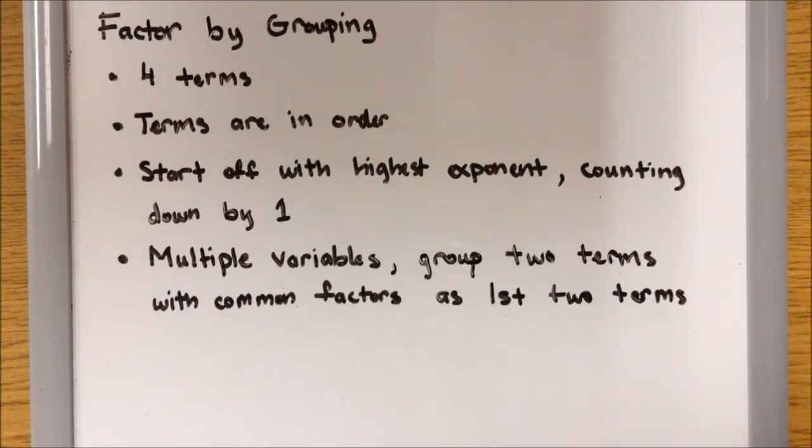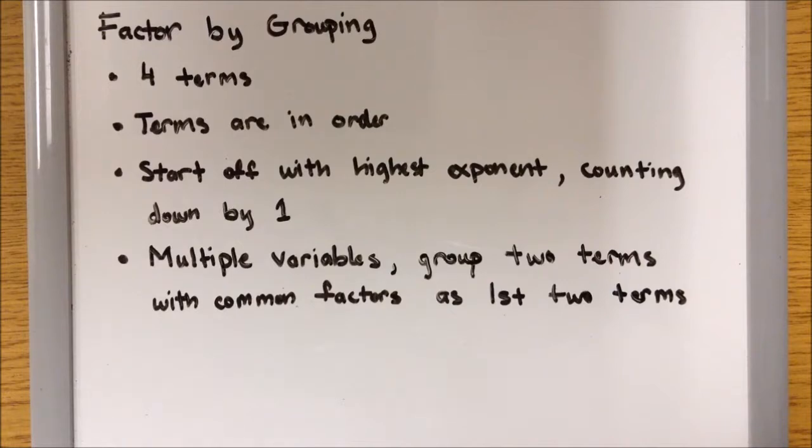What I mean is any 2 terms that have a common factor. For example, they both have x, or they both have a's. You're going to put them as the first 2 terms, and anything that does not have it in common, you put last. You will see that with the last example.